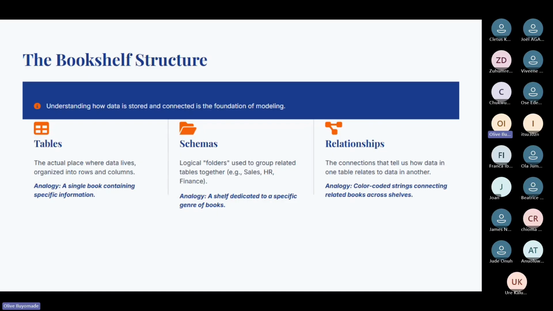Like a product table can be connected to an order details table, and a customer table can be connected to a sales table. They have a relationship. For books, maybe particular books that are related have a particular color code that connects different books, even though they might not be on the same shelf. That's color coding.